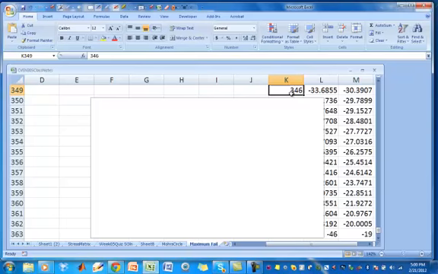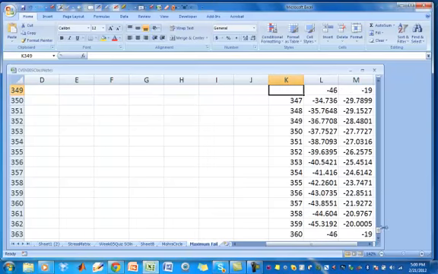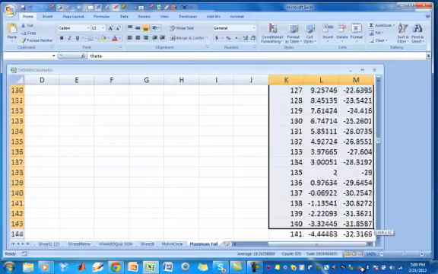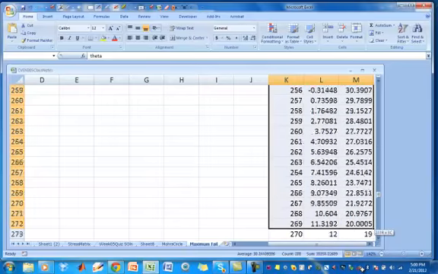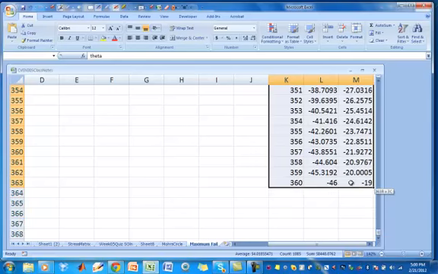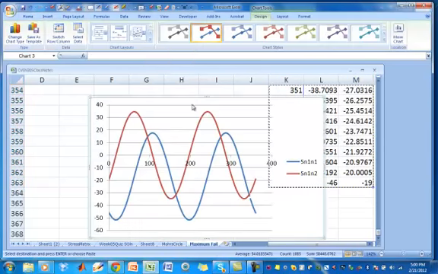Let me do this again. I know there are simpler ways of doing this, but I just want to make sure that we are all on the same page and we know what we are talking about. And then I'm going to do insert, scatter plot, that. There you go.